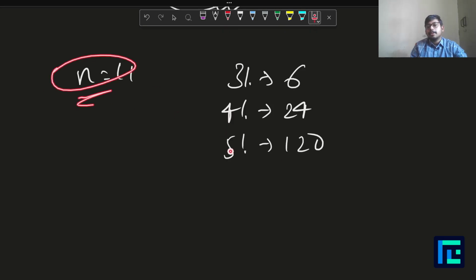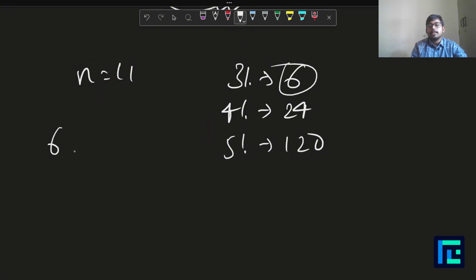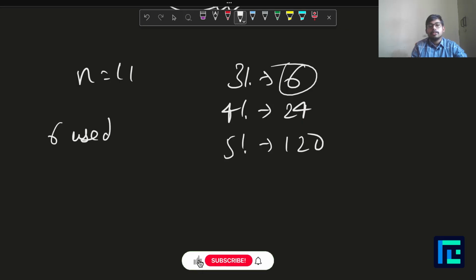So for 11 we would never use more than 3 factorial. So we only have two possibilities, either we'll use this 6 or not use this 6. Okay, so first if we use this 6, then the remaining number would be 5.